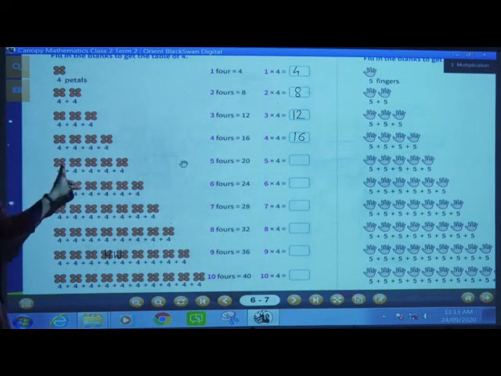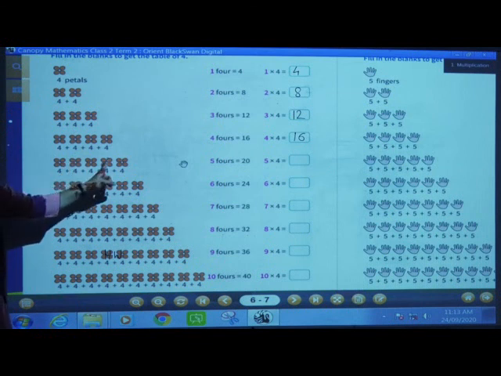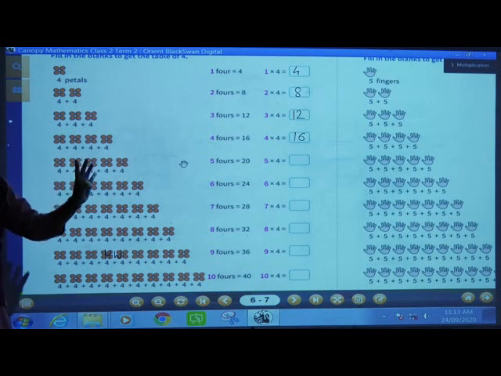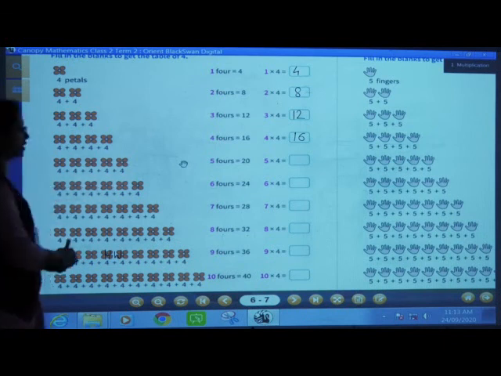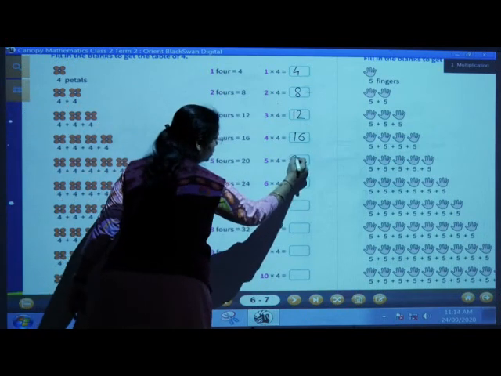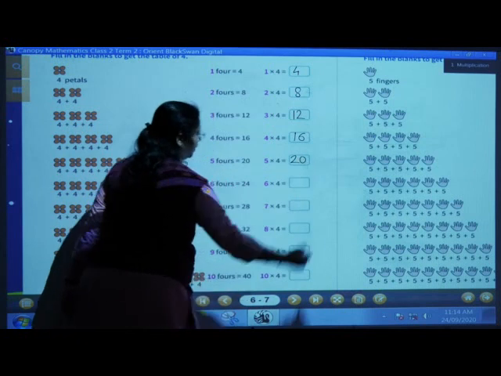Here 1, 2, 3, 4, 5 flowers are there and each flower has 4 petals. Means 4 is repeated how many times? 5 times. Means 5 4s are 20.